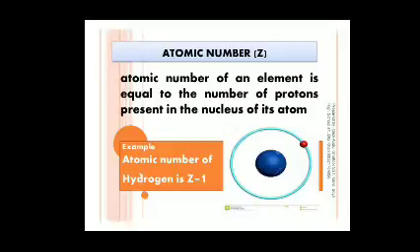The atomic number of an element is equal to the number of protons present in the nucleus of its atom. Atomic number is denoted by Z.